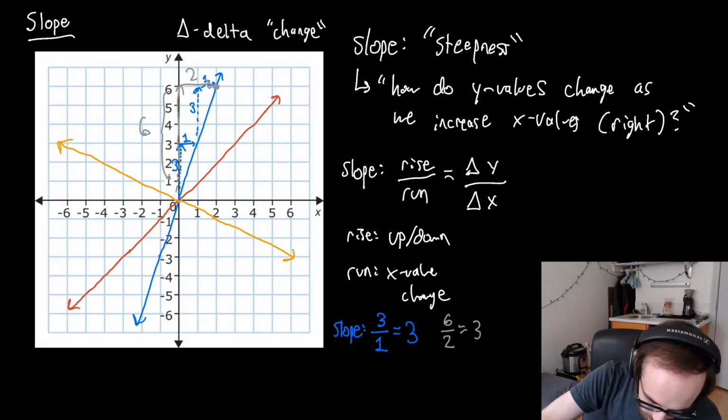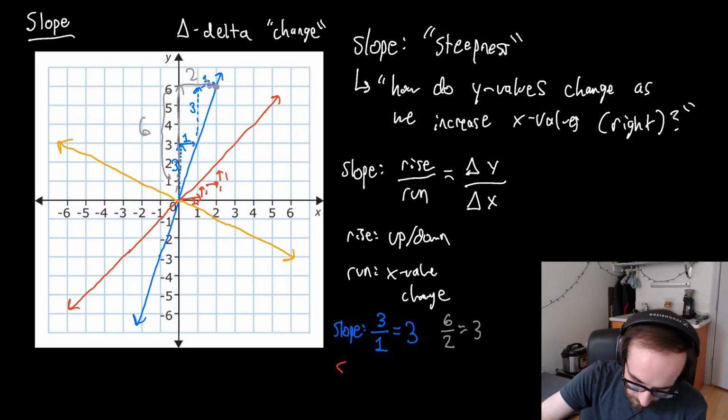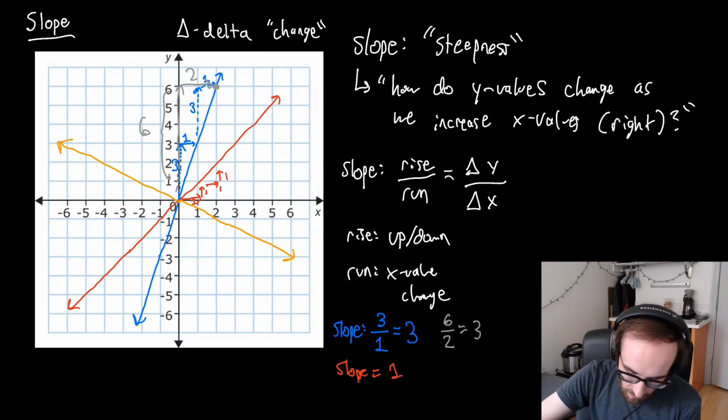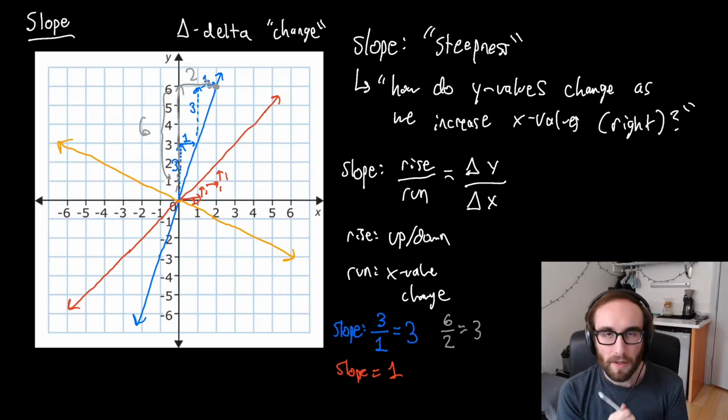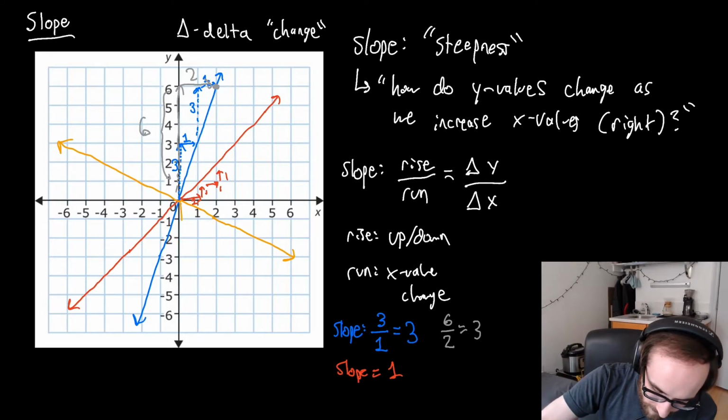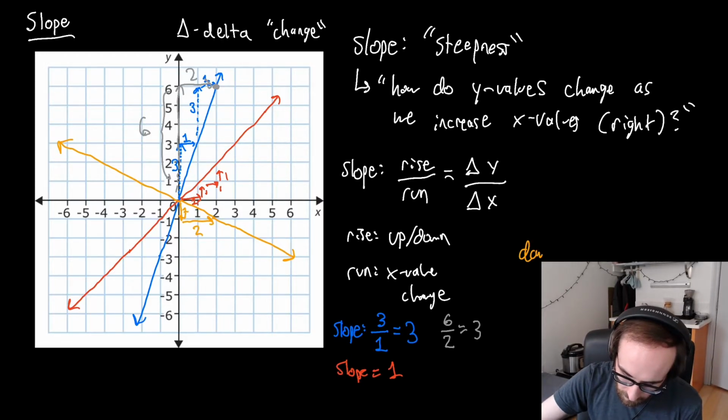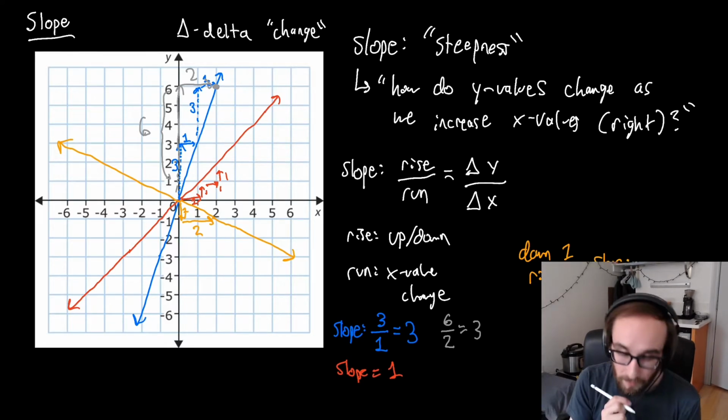For the red line here, you can see we go to the right 1, up 1, right 1, up 1. So for red, our slope is going to just be positive 1. For the orange line, this one's a little bit different because here we're going down 1. So down 1, and then to the right 2. So when we talk about slope, we're looking at the sign that we use.